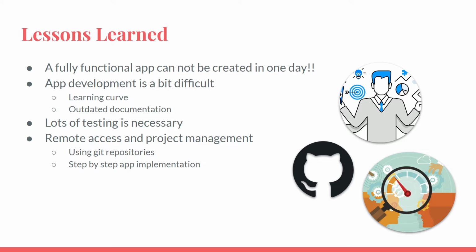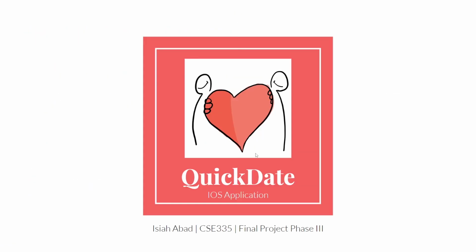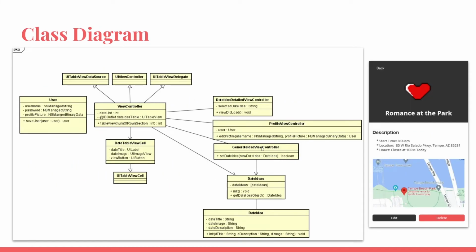So project management, there's a step-by-step app implementation. Obviously, just like any other software, you can't create an app without having an idea of how to create it. So you need what I had before. You start off with a class diagram.